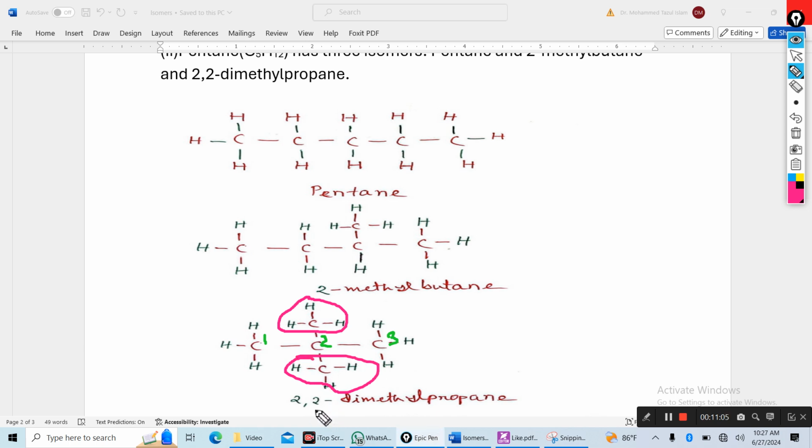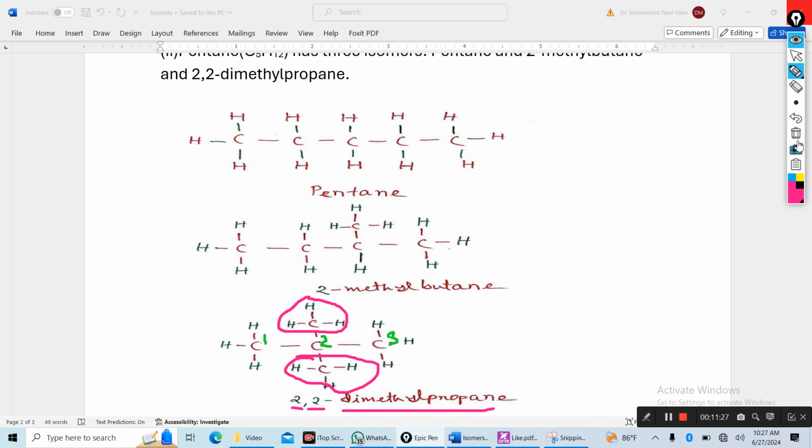So this name will be 2,2 dimethyl propane. Dimethyl why? Because number 2 carbon contains 2 methyl groups. That's why this name will be 2,2 dimethyl propane. Second carbon contains 2 methyl groups.